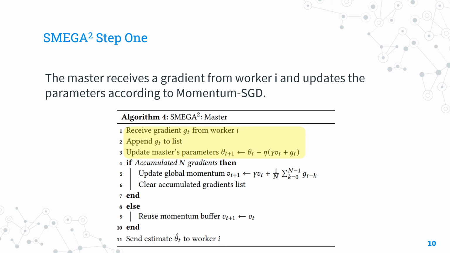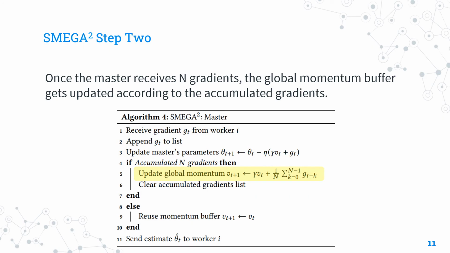SMEGA works with three main steps. First, the master receives a gradient from worker i and updates the parameters according to momentum ASGD. Once the master receives n gradients, the global momentum buffer gets updated according to the accumulated gradients.